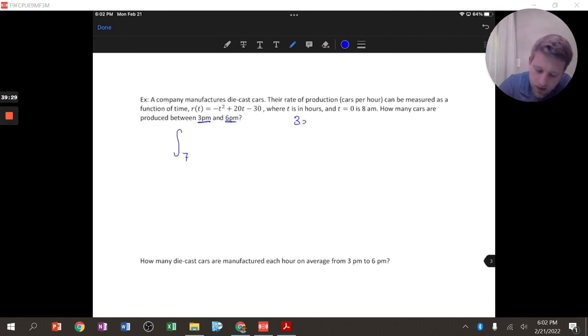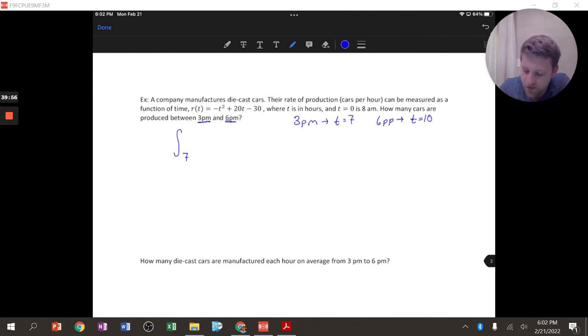In other words, 3 p.m. goes to t equals 7. And then 6 p.m. is equivalent to 10 hours, because it's two less than 12 hours around the clock.